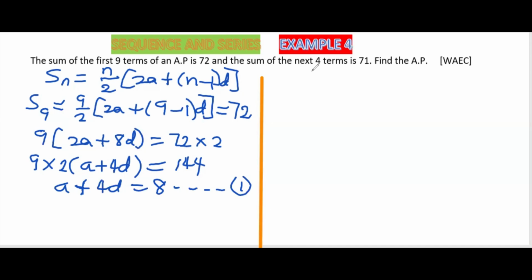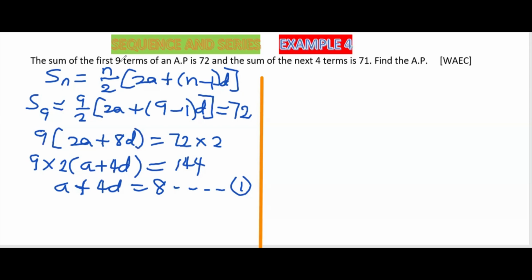It's either you find them separately. T10 is a plus 9d, T11 is a plus 10d, and sum them up to get your formula. Or if you don't want to do that, why can't we just say, since if you find the sum of the first 13 terms, you get it, and you get the sum of the first 9 terms.